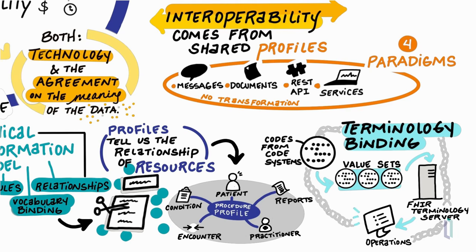They are all stored on a FHIR terminology server, accessible by the same mechanisms that we access data in FHIR. And that means that we can share that server across different implementations, and they can all be accessing the same value sets and terminology to make things more interoperable and more easily exchanged.